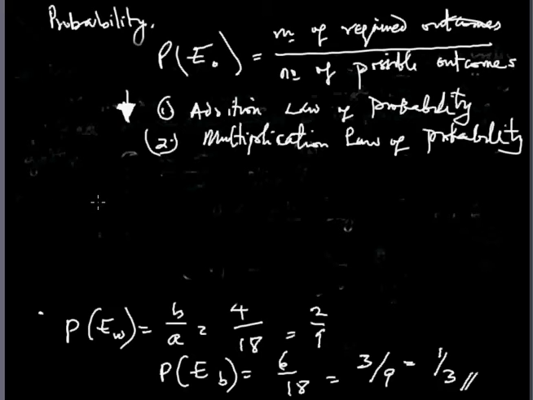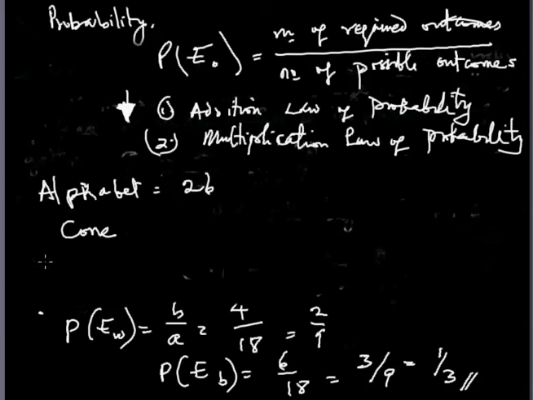The total number of alphabet letters that you can ever have is 26.